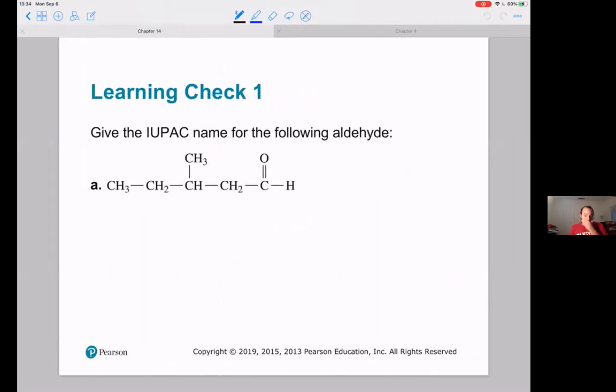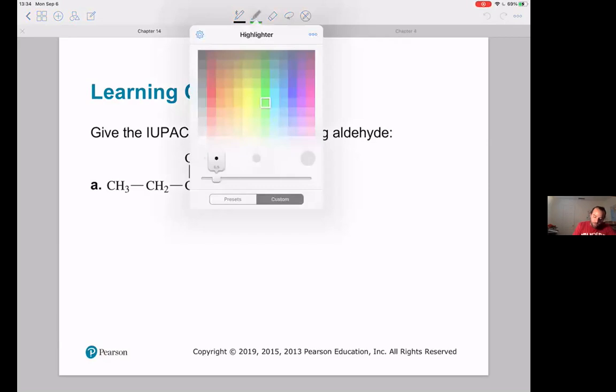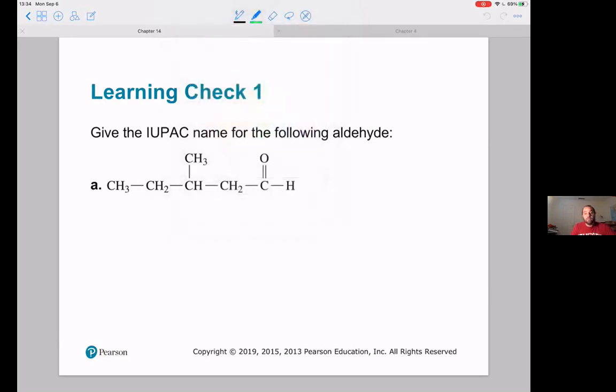Okay, so how do we go about naming an aldehyde from scratch? We really just apply all the same rules that we have before, but with our new suffix that we have. So step 1, as always, is find the parent chain, that largest continuous set of carbons. So 1, 2, 3, 4, 5. I have, in this case, a 5 carbon parent chain.